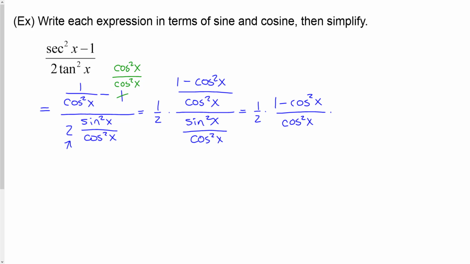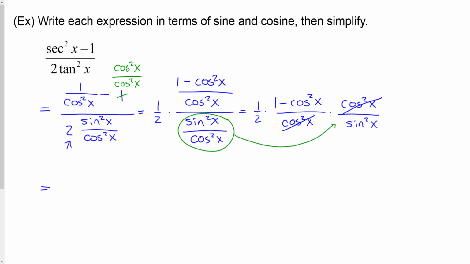The denominator is going to be cosine squared x over sine squared x. I inverted this fraction and multiplied. Now it looks like I have a cosine squared and a cosine squared here. Those will cancel out.